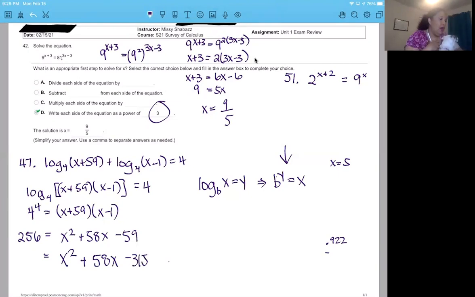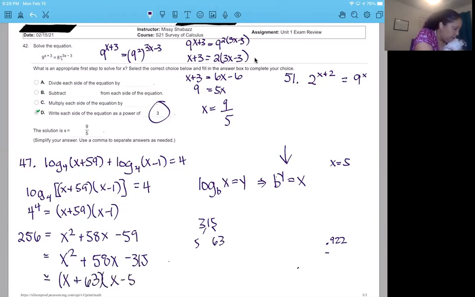All right, so I can come up with two numbers that multiply to be 315 and add to be 58. So what is 315? It is 5 times 63, and the difference of that is 58. So those are my numbers. So I need an x plus 63 times an x minus 5.